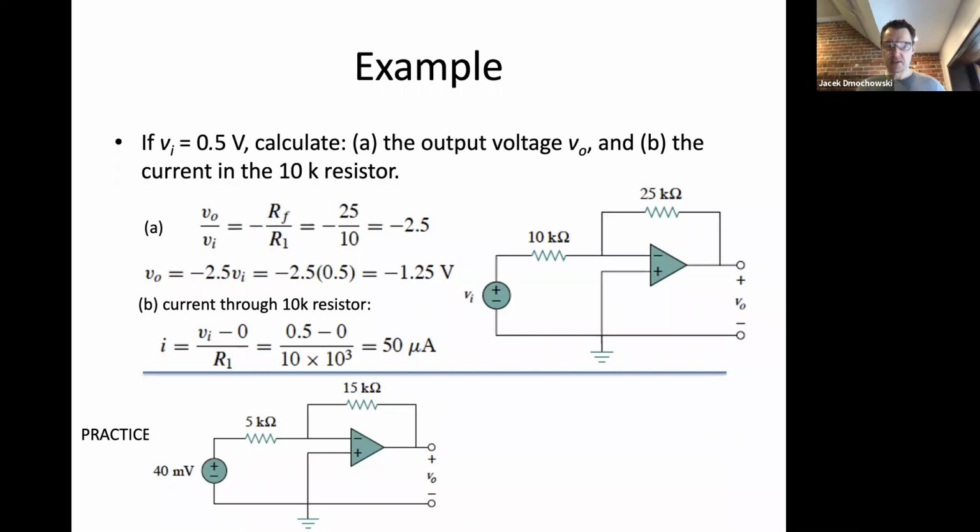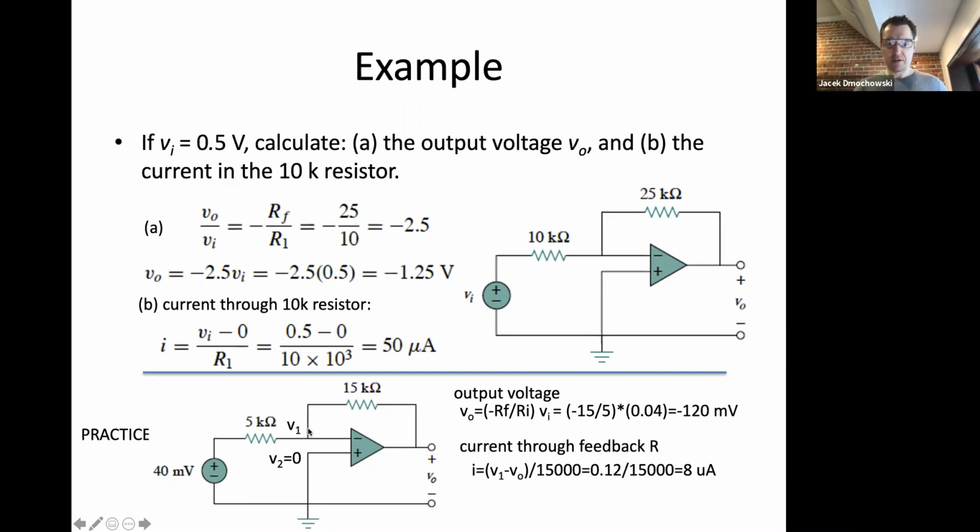Almost. This is going to be -40 times 3, so -120 millivolts. And then the current through the feedback resistor, which we may want to solve for. The current that flows across the 15 kilo ohm is equal to V1, which is 0, minus V naught, which we just solved for, is -120 millivolts, divided by 15K.